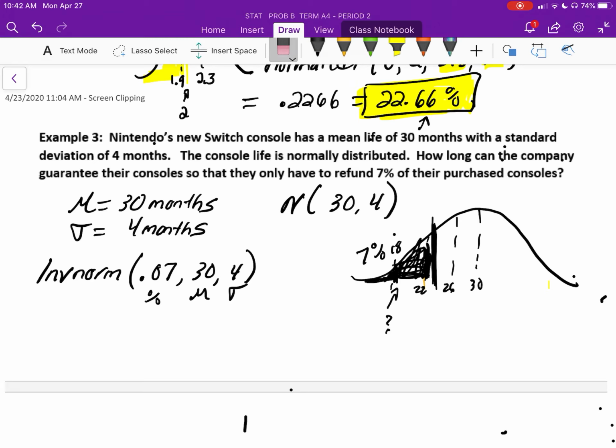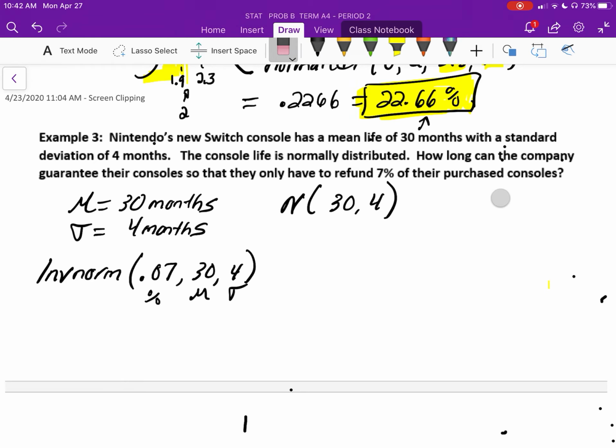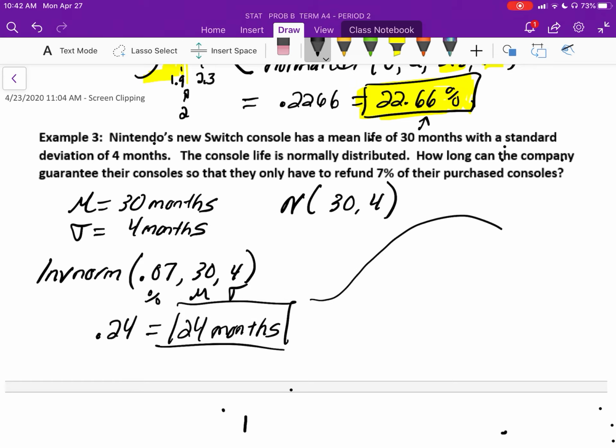And I'm going to give you a new picture just to not confuse you. So we said it came out to be 0.24, which should be 24 months. And just so I'm giving you a good picture here, if this is 30 in the middle, then if I move over 1 standard deviation, that's going to be 26.